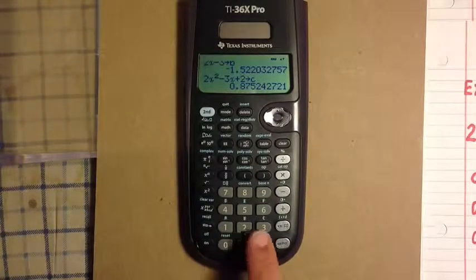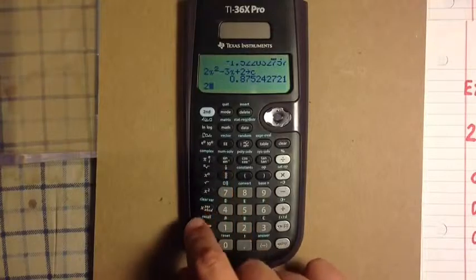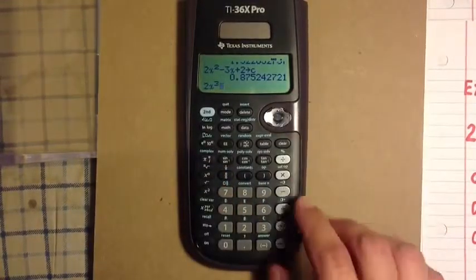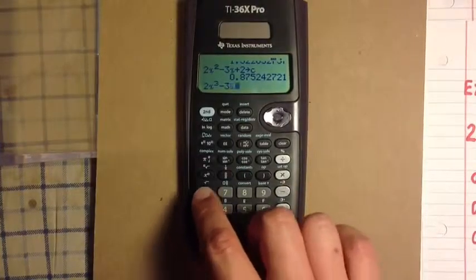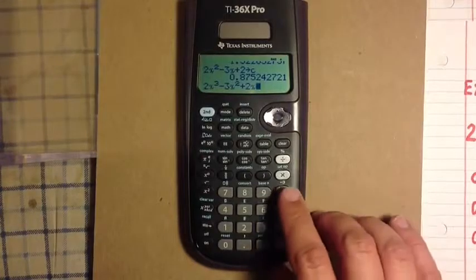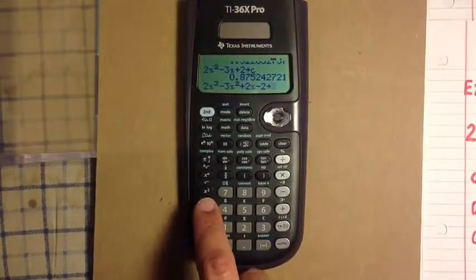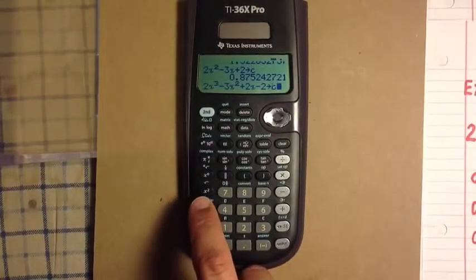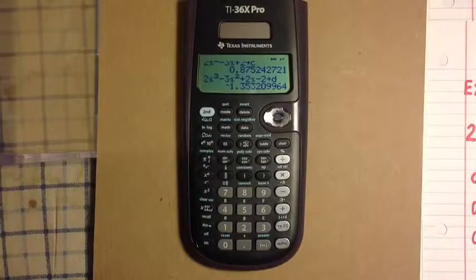Last one for D. 2x cubed minus 3x squared plus 2x minus 2. Store, variable key 8 times. 1, 2, 3, 4, 5, 6, 7, 8. And now we have A, B, C, and D stored.